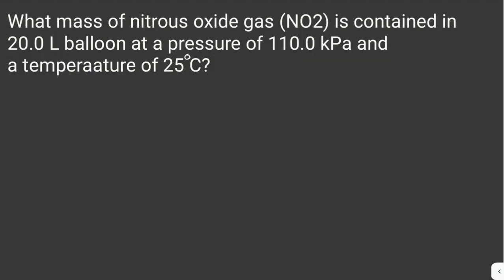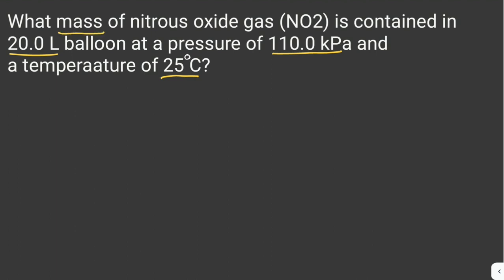What mass of nitrous oxide gas, NO2, is contained in a 20-liter balloon at a pressure of 110 kilopascal and a temperature of 25 degrees Celsius? So we're given here the volume, the pressure in kilopascal, and the temperature in degrees Celsius. And we need to find the mass.